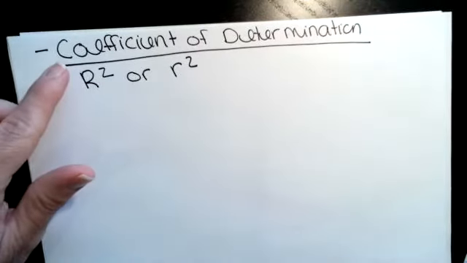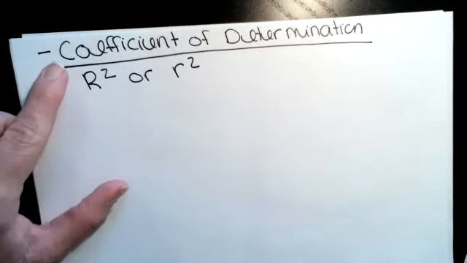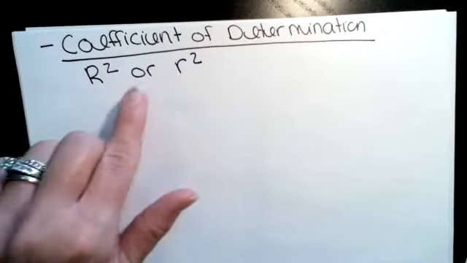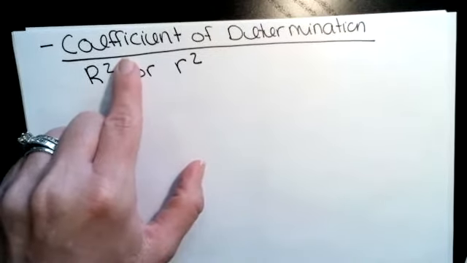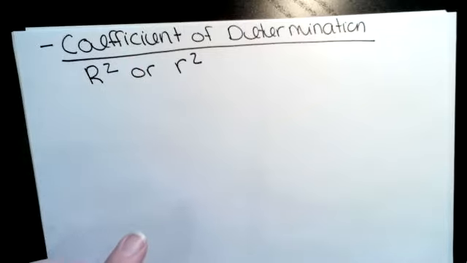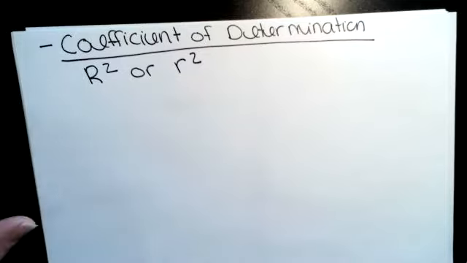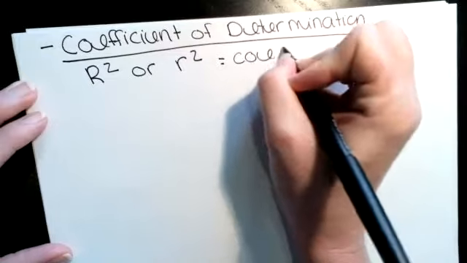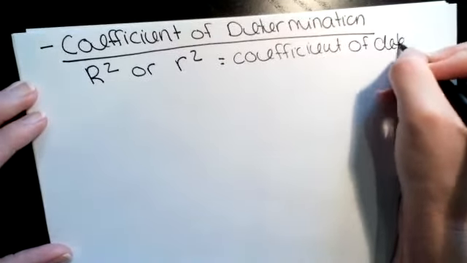In general, the coefficient of determination is capital R squared. But since we're calculating the coefficient of determination based on the least squares regression line, we're actually looking at lowercase r squared. The notation doesn't really make a difference, but what I want you to understand is this coefficient of determination is actually our lowercase r that we calculated last class being squared. Okay, so lowercase r squared, this is the coefficient of determination.